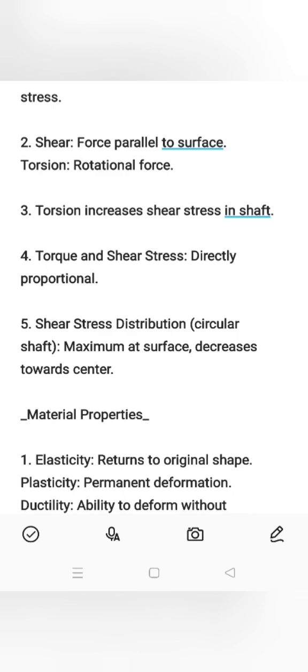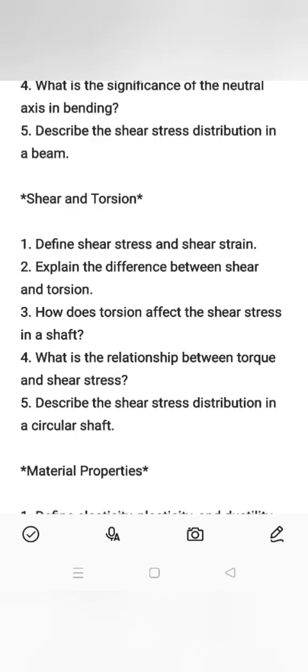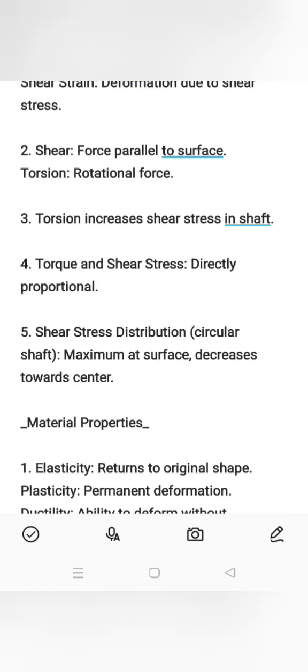Torque and shear stress are directly proportional to each other. Describe the shear stress distribution in a circular shaft. Shear stress distribution in a circular shaft is maximum at the surface and decreases towards the center.